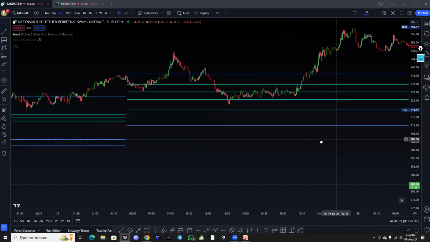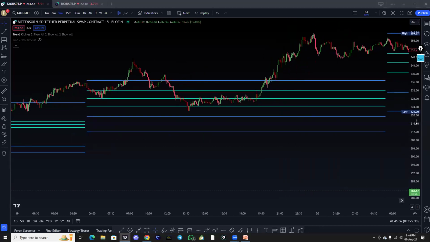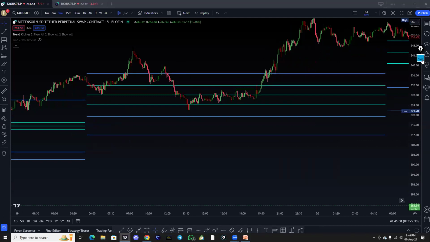You can see I just added a daily S1 and previous day low. Okay, this support.